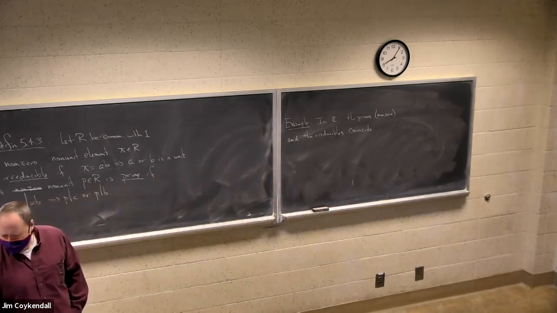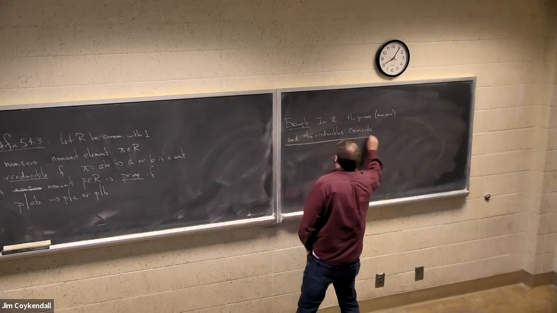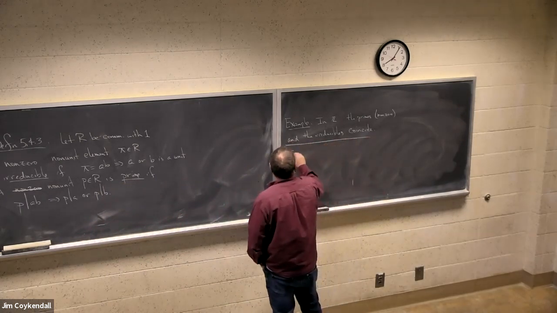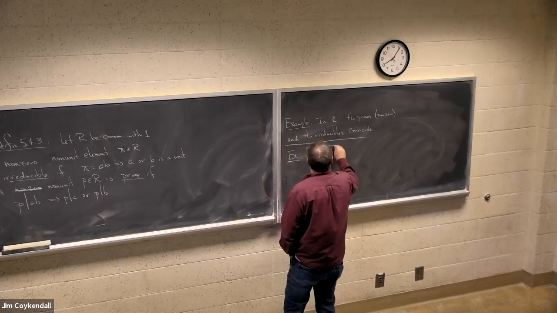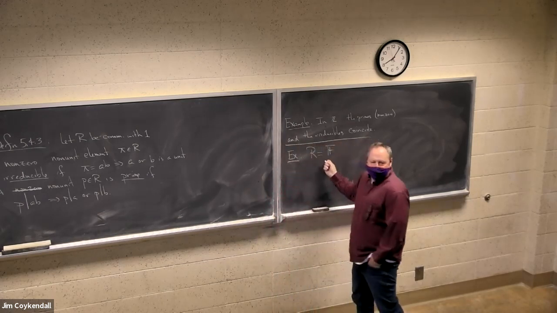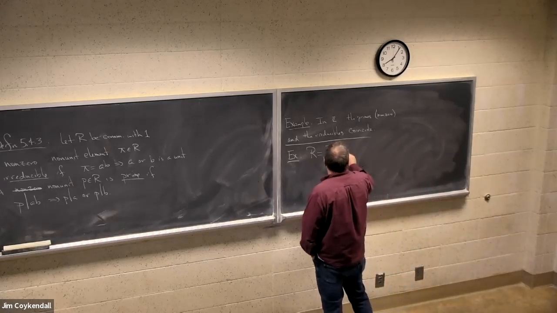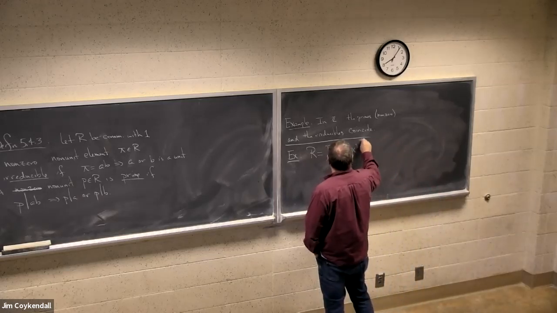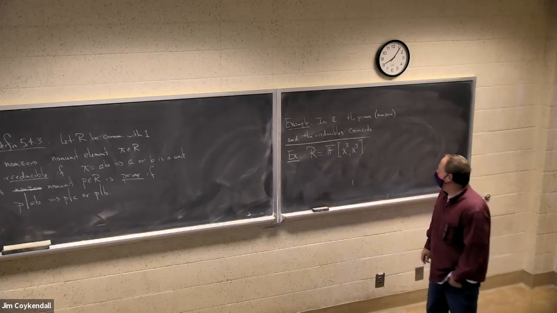Let me give you a more fun example. This is one of my favorite rings for examples. Take your favorite field. So this is a field. And look at this right here. This is almost a polynomial ring.